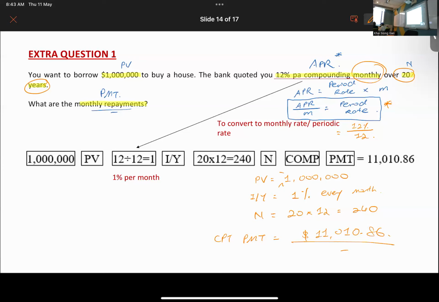If PV doesn't have the negative, you will get an error. Yeah. Anyone cannot get anything? Anyone? Okay, hold on. I pause the recording first.